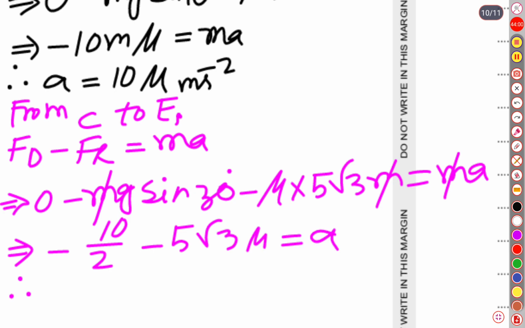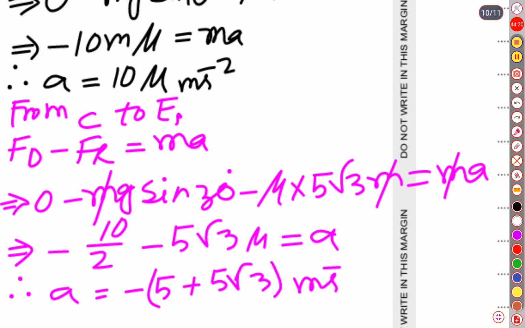Hence our acceleration at E is nothing but minus 5 minus 5 square root of 3 mu, that is the final acceleration when the particle was 1 meter up.